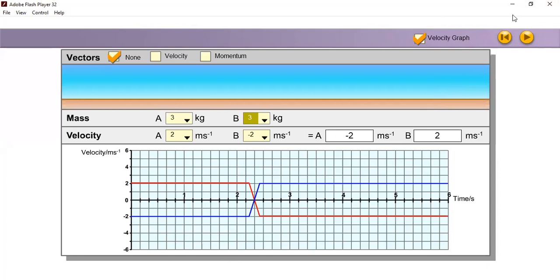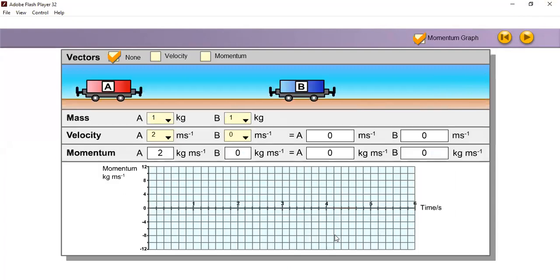Okay, next. The next slide shows the graph of the momentum.